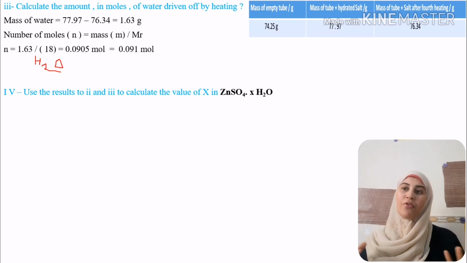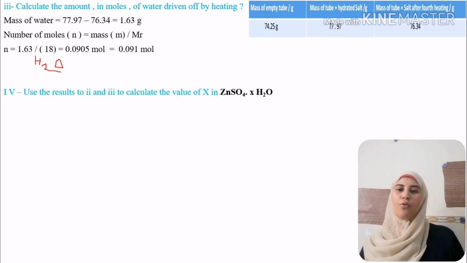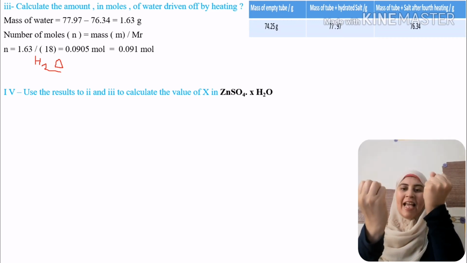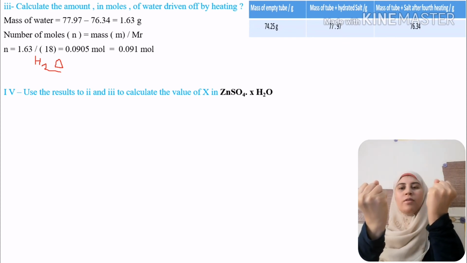Calculate the value of X in your zinc sulfate hydrated salt, ZnSO4·XH2O. From the information, we have the number of moles of zinc sulfate attached to the number of moles of water.